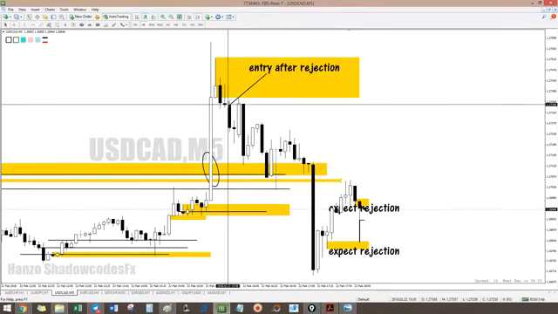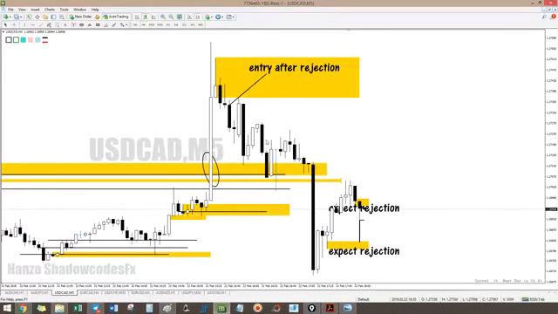And then how many pips can you salvage here? Okay, over here, to confirm your trade, you also have another base here. And then you also have a rejection here. Rejection here. You also have, no, not rejection.